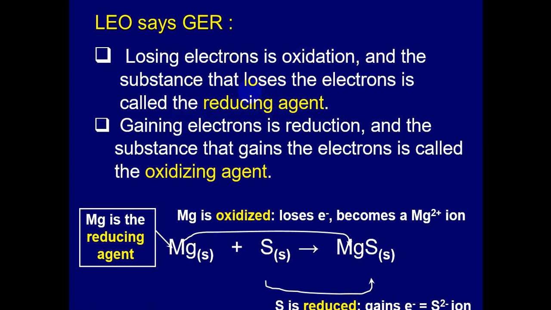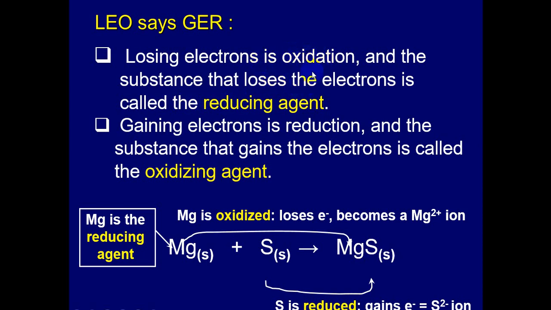So the agent that is causing another atom to become reduced is called the reducing agent. So when you lose your electrons, you yourself become oxidized, and the element or the atom that loses the electron is called the reducing agent, because that atom itself becomes oxidized.